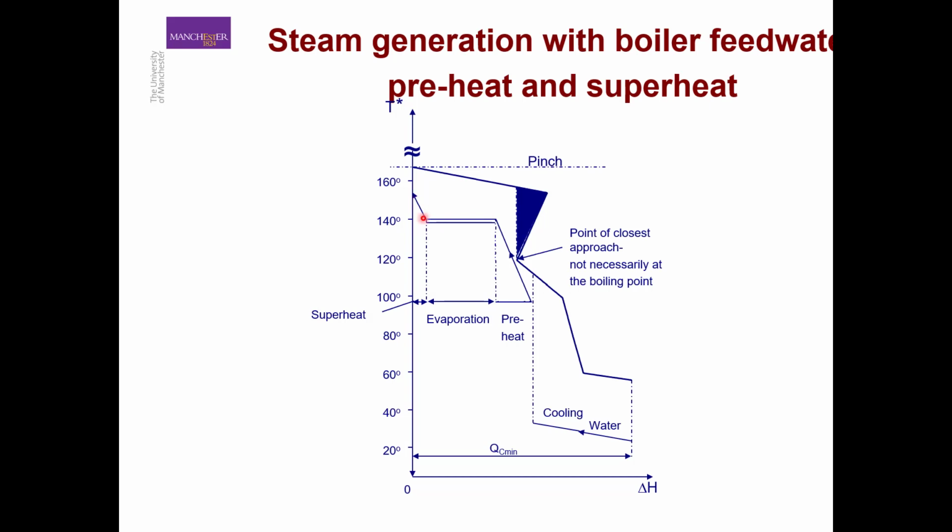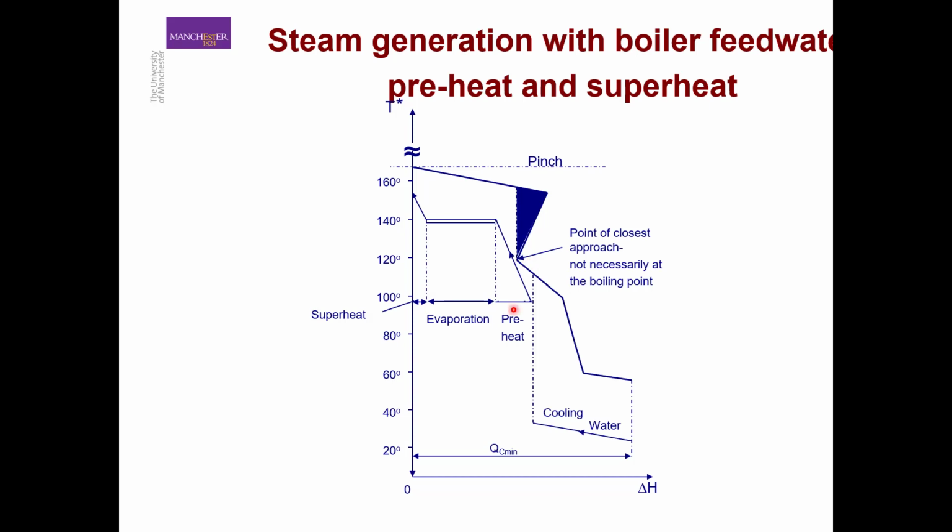So we can show this steam profile against the grand composite curve with the heat being used to produce that steam, from its initial temperature to its superheat temperature, in a far more realistic representation than just showing the latent heat like we saw in the previous slide.